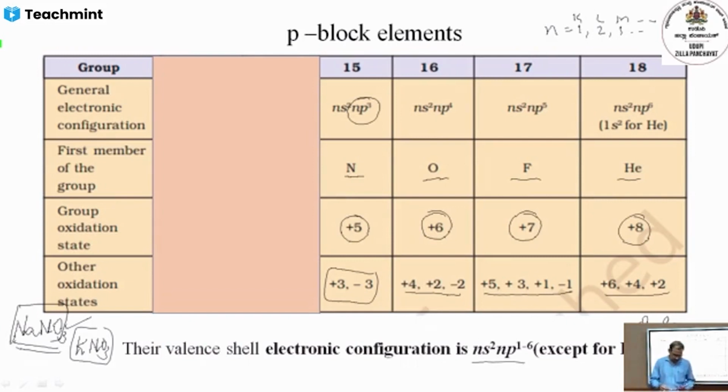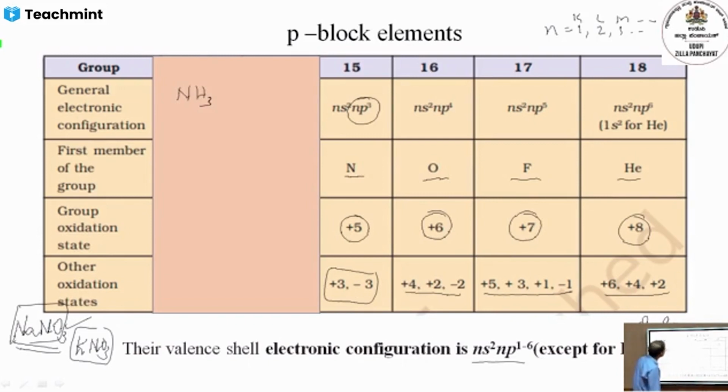Next is the compounds of nitrogen. Very specifically, I want to mention ammonia, NH3, which is a very important compound commercially, because ammonia is used for the production of several industrially important compounds, including the fertilizer urea.